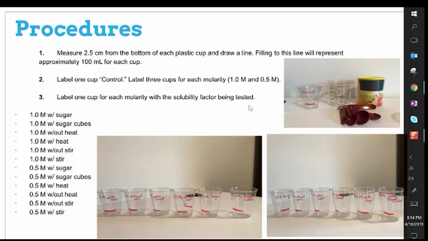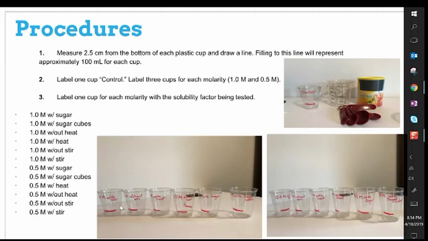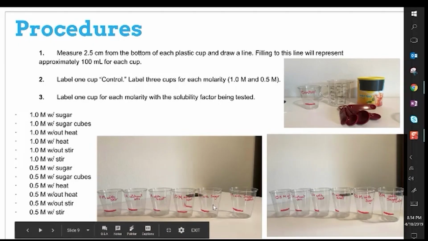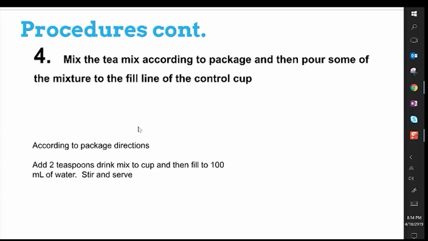All right. So I'm setting all of this up for you. I have the cups labeled already with the 1.0 molarity and the different solubility factors, and the 0.5 molarity with the different solubility factors. I will also mix the tea mix according to the package for the control.